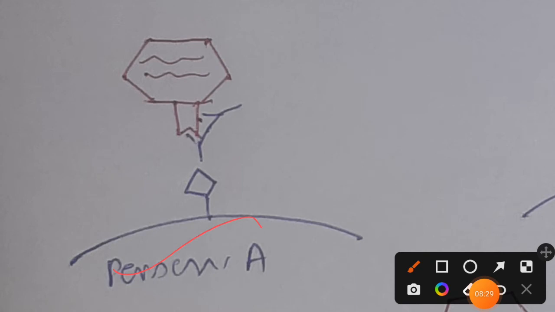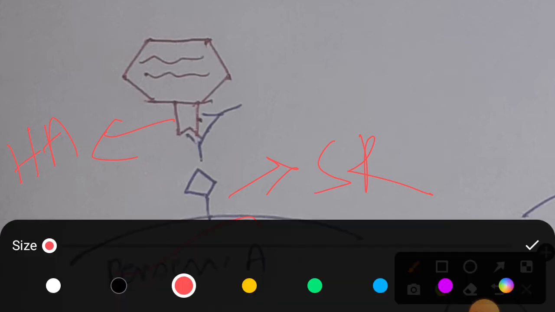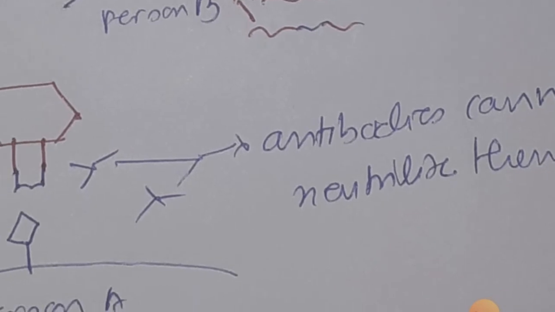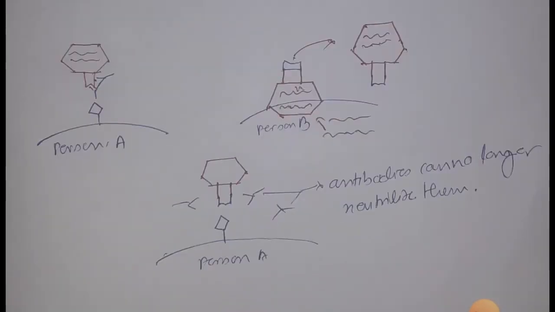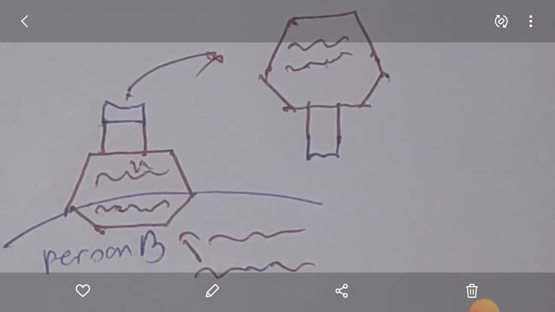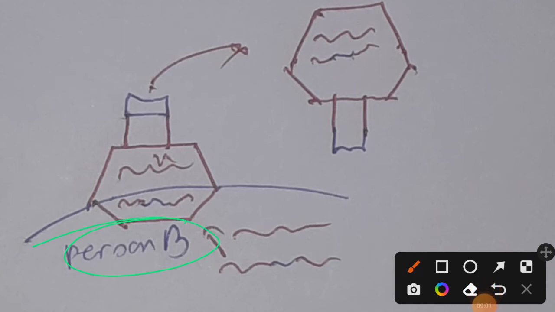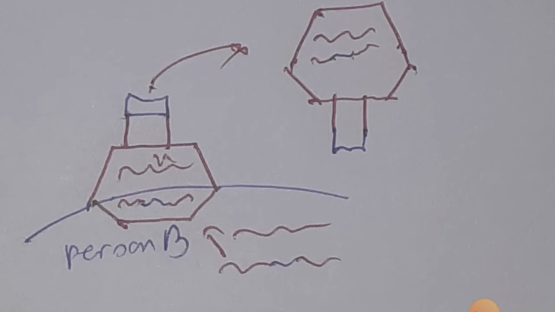So there is a person A who possesses a surface receptor that hemagglutinin will interact with. But our antibodies recognize them and neutralize it, and as a result, person A is protected for now. Suppose now there is another person, person B, in whom the virus successfully infects, because for person B this is the first exposure to that particular virus.